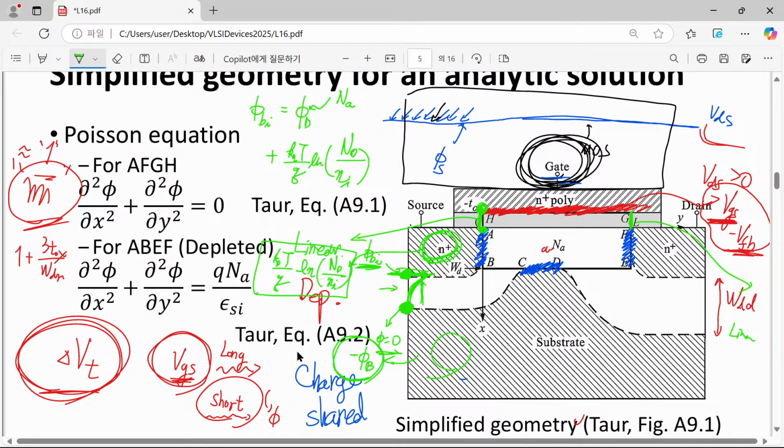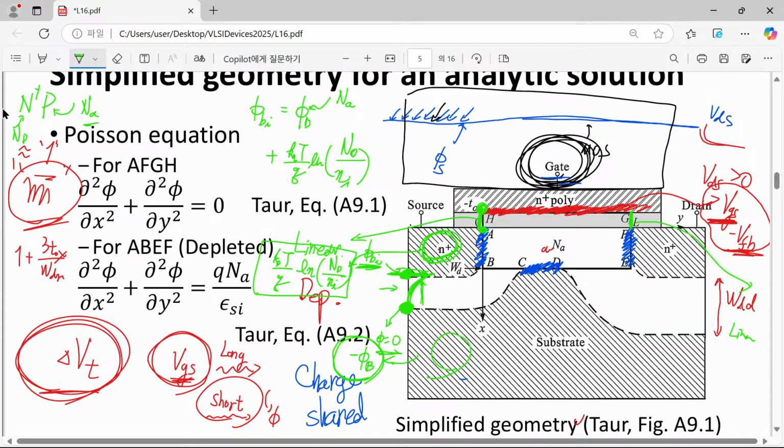Are you with me? Because we are now talking about an N plus P junction, whose doping density is Na, relatively low, and Nd much higher than Na. So we can just neglect depletion of the N plus region.